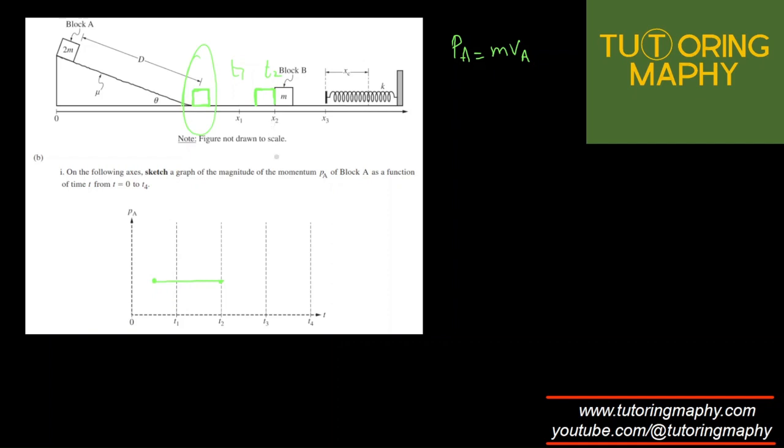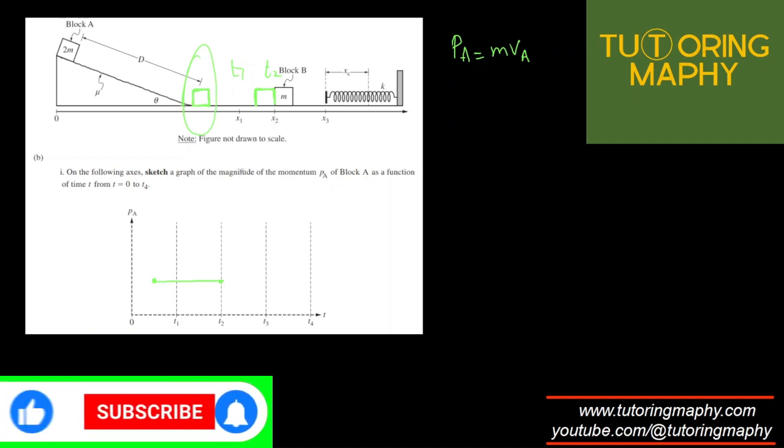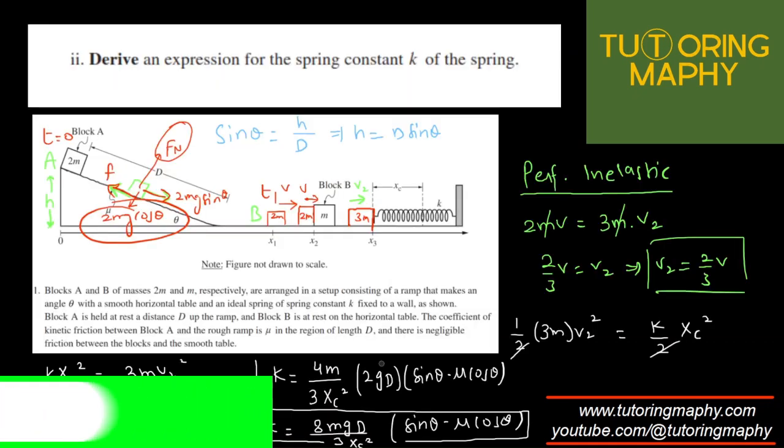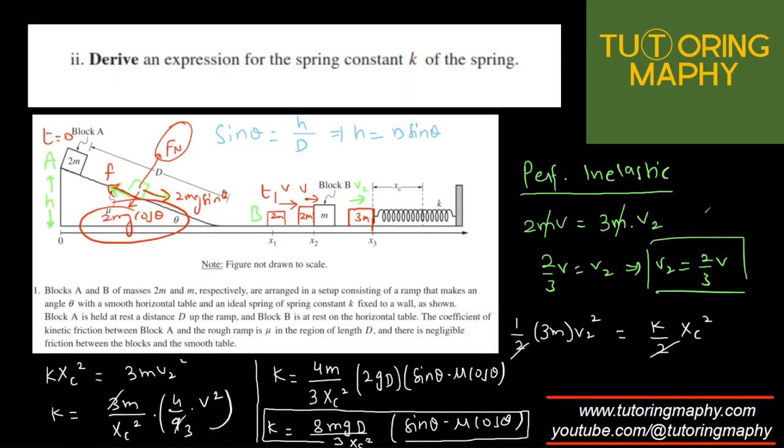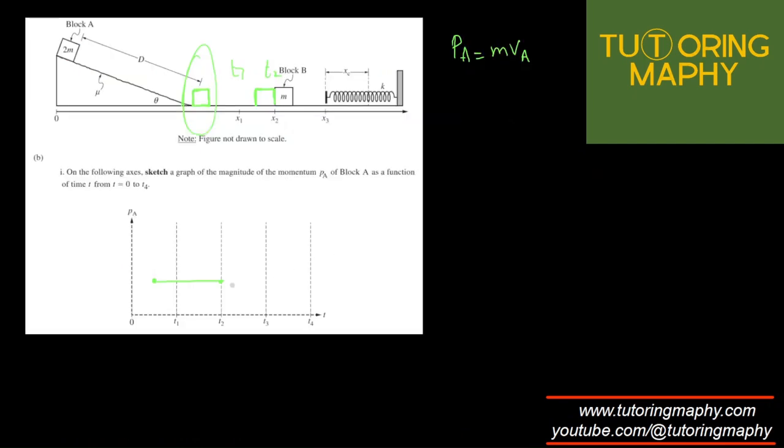After t2, it's going to collide and the momentum suddenly drops, because the speed is going to change since that's a bigger mass right now. In fact, we already found that the new speed is only 2/3. So the momentum has decreased. So it will come over here, a sudden drop. Then it will go likewise till t3.